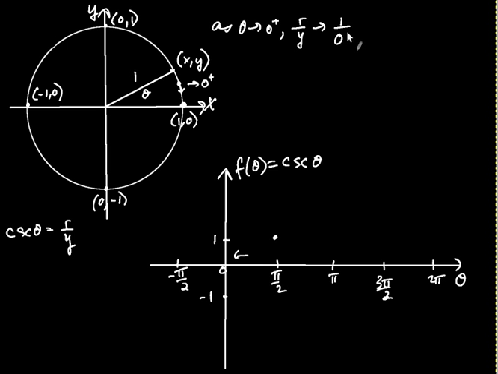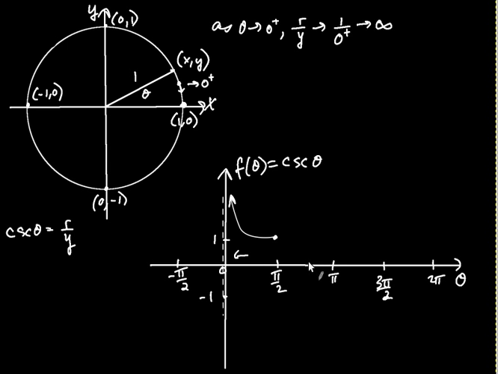So you're approaching 0 from positive values, a little bit greater than 0, and that means the fraction is going to infinity. So once again, you're going to have a vertical asymptote, and the vertical asymptote now occurs when the angle is 0. We're going to draw that in along with the behavior of cosecant. As I approach 0 from the right, the graph is once again going to infinity. I have a vertical asymptote there.